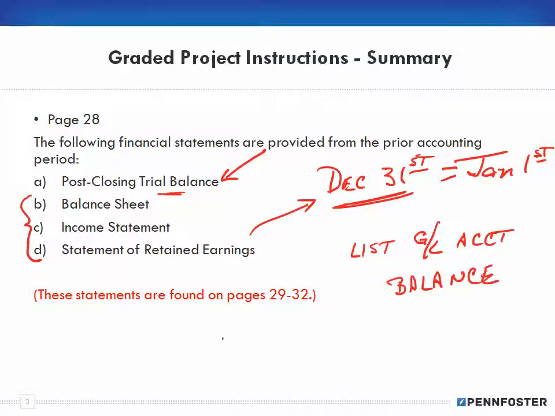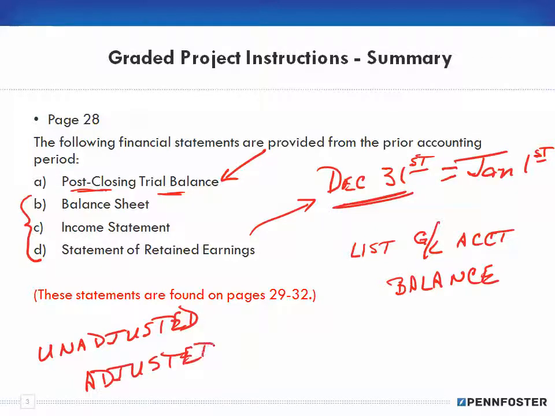Now, one other thing, it's called the post-closing trial balance, and later on you're going to find out that we're also going to use an unadjusted trial balance, and we're also going to use an adjusted trial balance. Okay. Remember, a trial balance is nothing more than a listing of the accounts and the balances in those accounts.